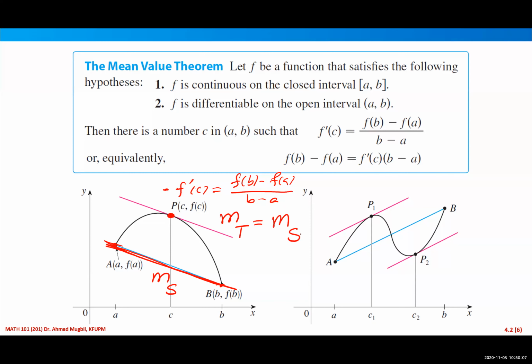The line that joins these two points, A and B, will be parallel to the tangent. This is the geometrical meaning of this theorem. It says that the secant line of the function at A and B will be parallel to the tangent line at some point in between them.